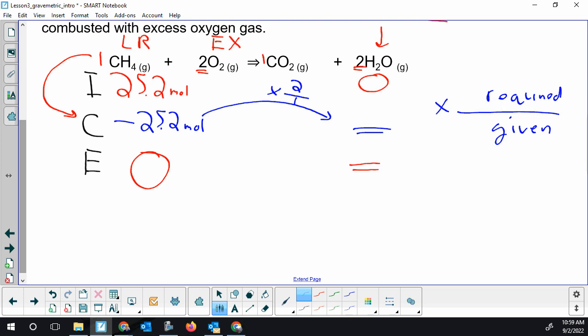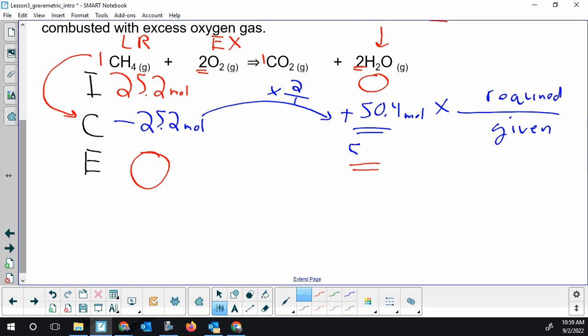And you can just do the ratio. Okay. So our change here is going to be a double. Now this is a product being made, so the change is going to be plus. It's going up. How much? 25.2 multiplied by 2 divided by 1, and that's going to be 50.4 moles. So our water is going to have started with no moles.